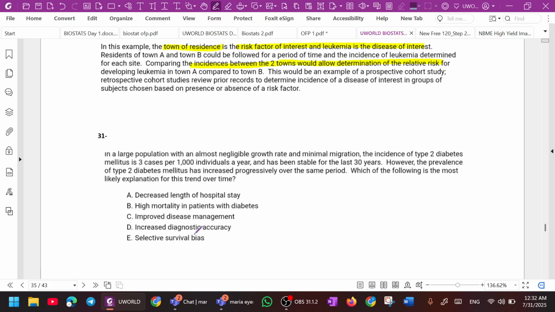It can also increase the prevalence because... What does diagnostic accuracy mean? You diagnose diabetes mellitus accurately. Okay. So will that increase the prevalence?